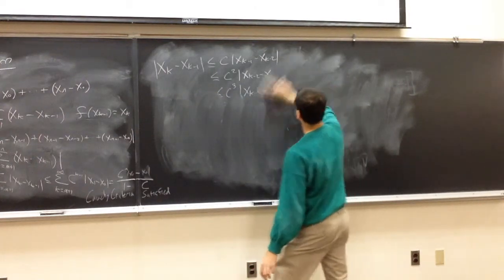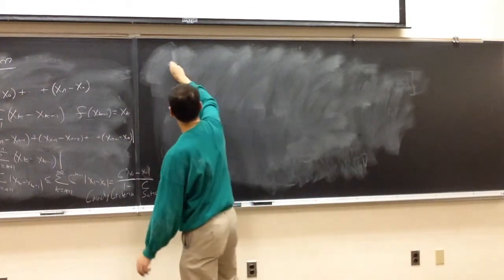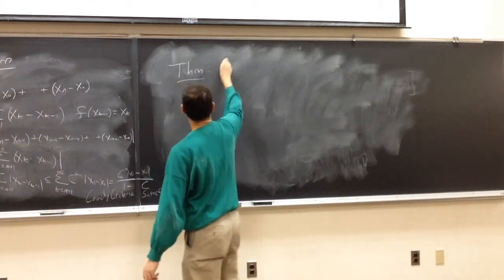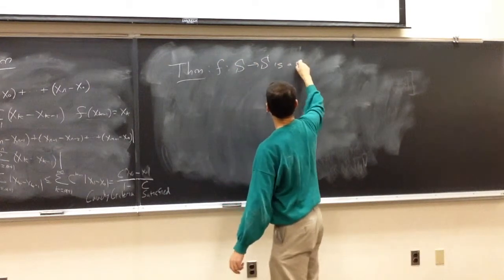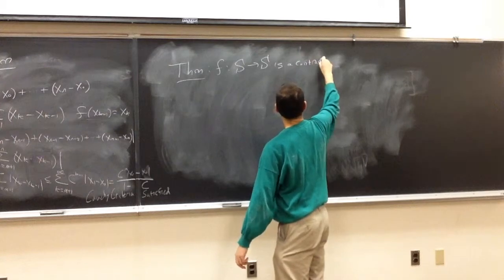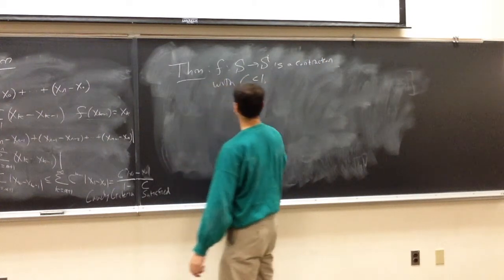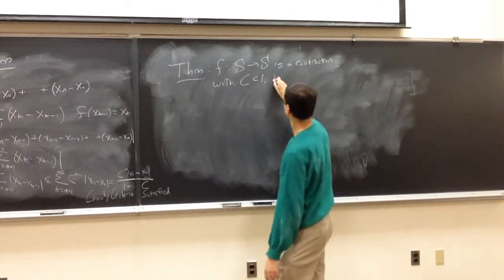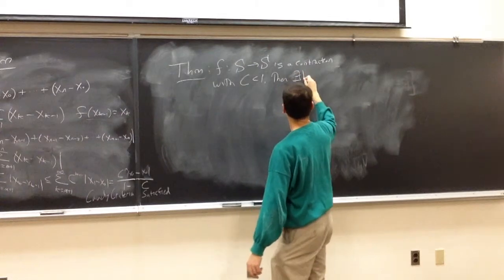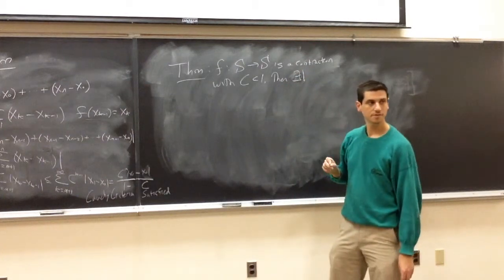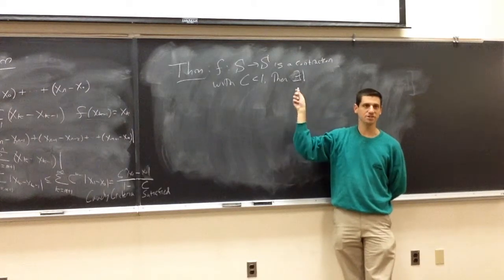All right. I will isolate this out as a theorem. Suppose f from S to S is a contraction with some c less than 1. Then, have you seen this notation? This means there exists a unique.